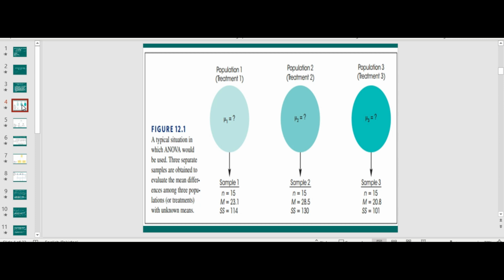This is a typical research situation for which ANOVA would be used. The research study involves three samples representing three populations. The goal of the analysis is to determine whether the mean differences observed among these samples provide enough evidence to conclude that there are mean differences among the three populations.